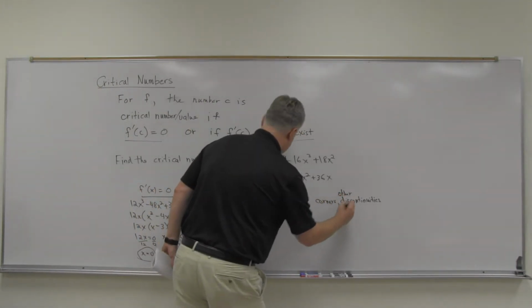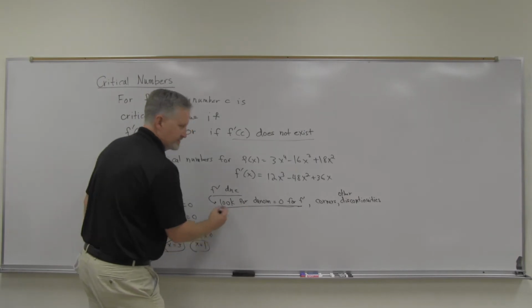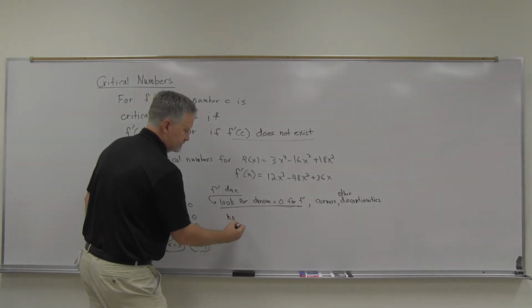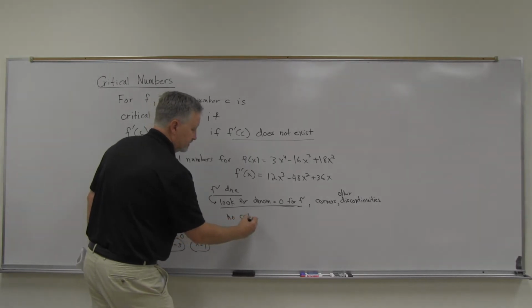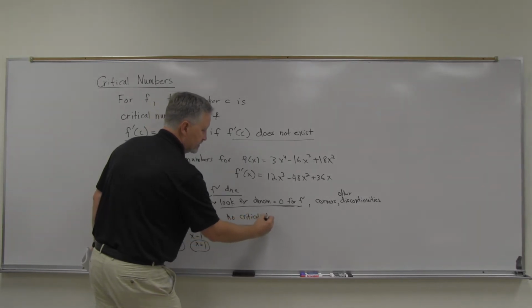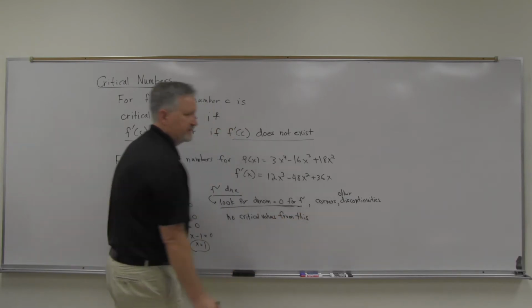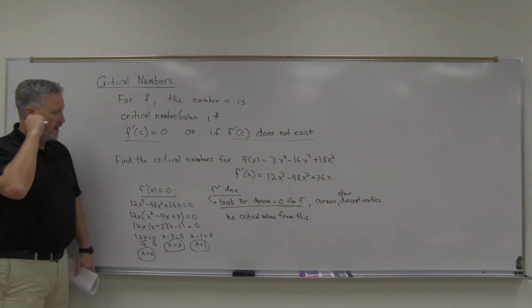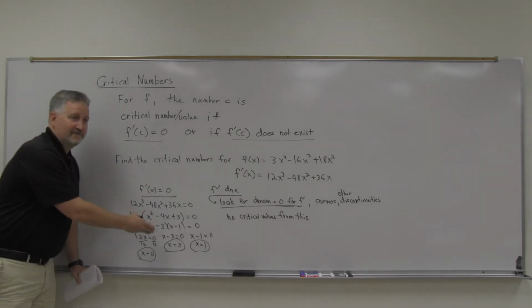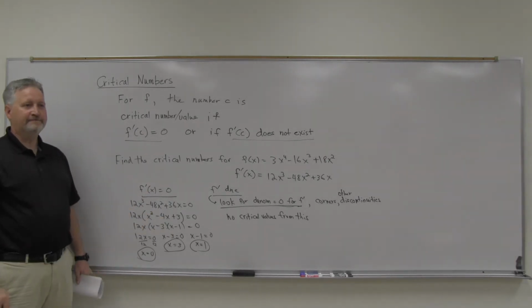So f prime does not exist nowhere here. There's no critical values from that. So sometimes that'll happen. One or the other may have something and not the other one. All right, so anyway, those are the three.